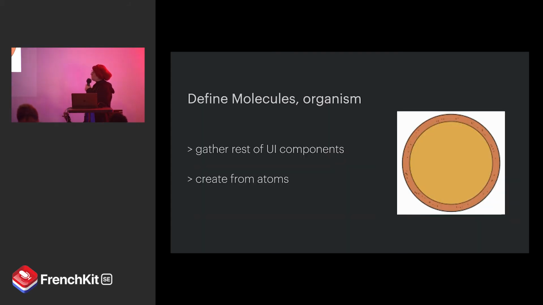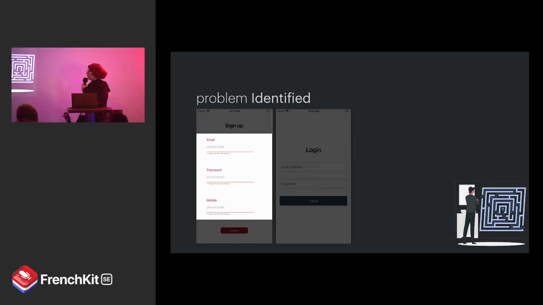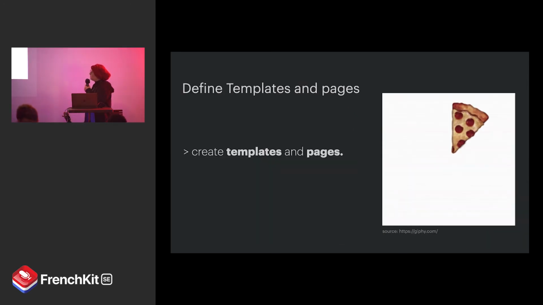Next, we create some reusable molecules and organisms from the created atoms. In our example, here is a form organism composed of an input molecule and atoms. Next, we put together all the similarities between pages so that we create our template and our pages.